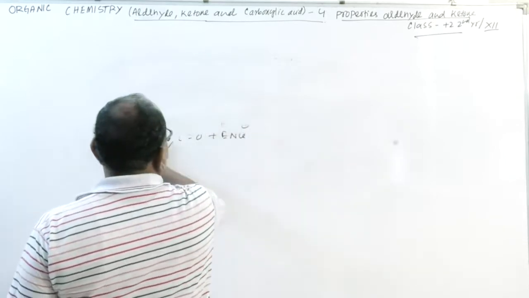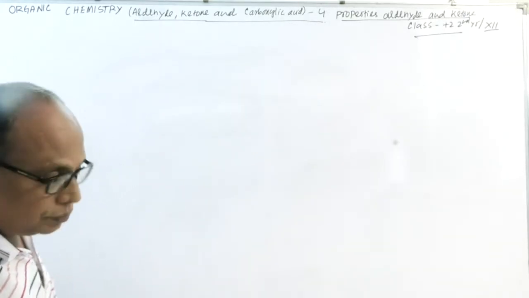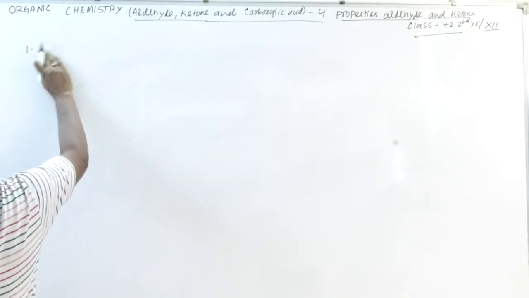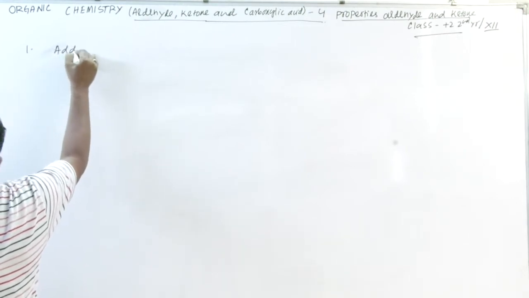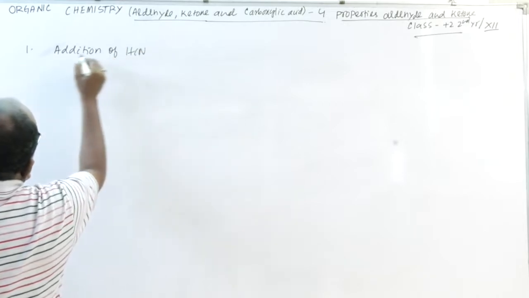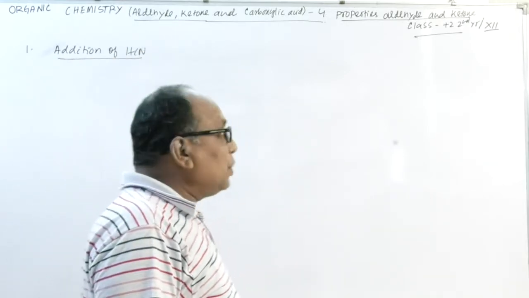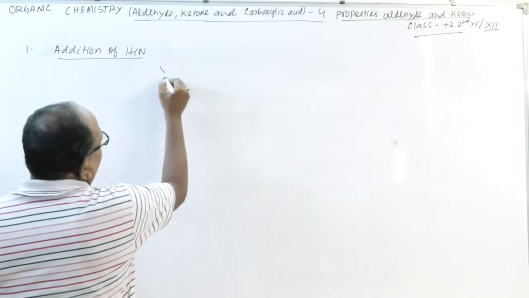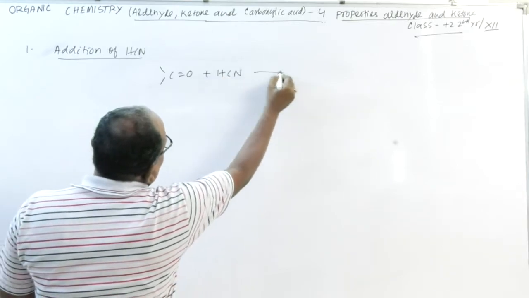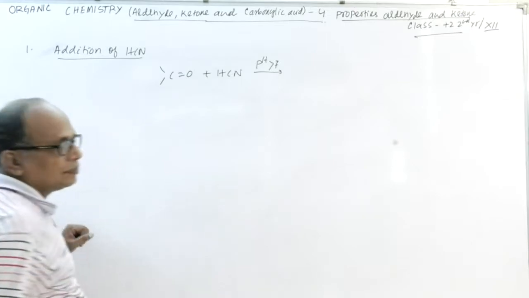Okay, first we discuss one by one. One, addition of HCN, hydrogen cyanide or hydrocyanic acid. The carbonyl compound, that is aldehyde and ketone, can add a molecule of HCN at pH more than 7.